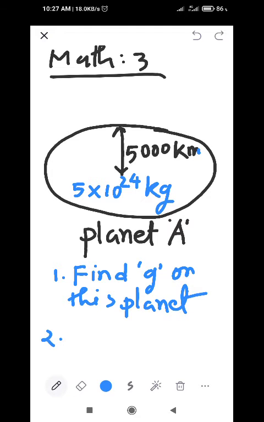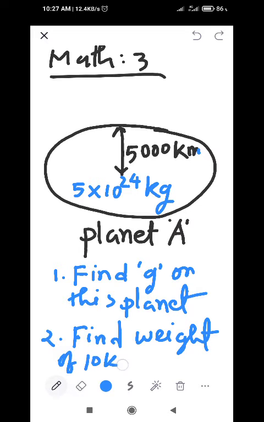And now find weight of 10 kg object on this planet. On this planet. Clear, my dear students?